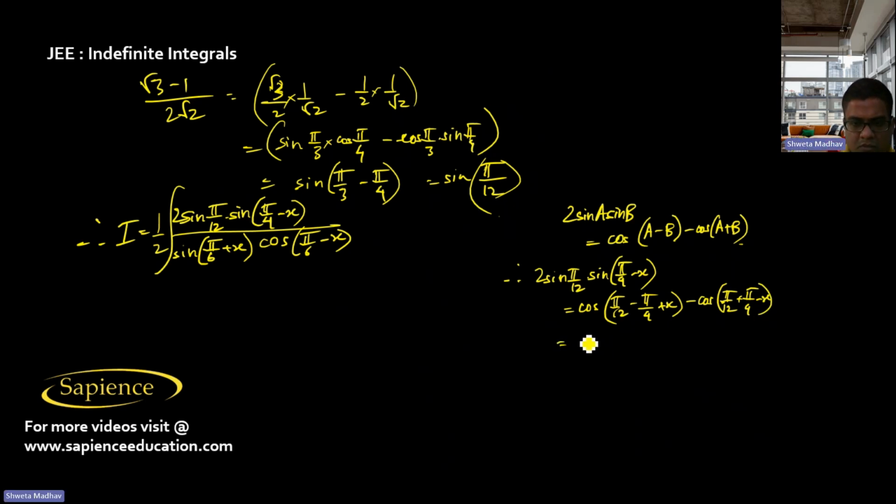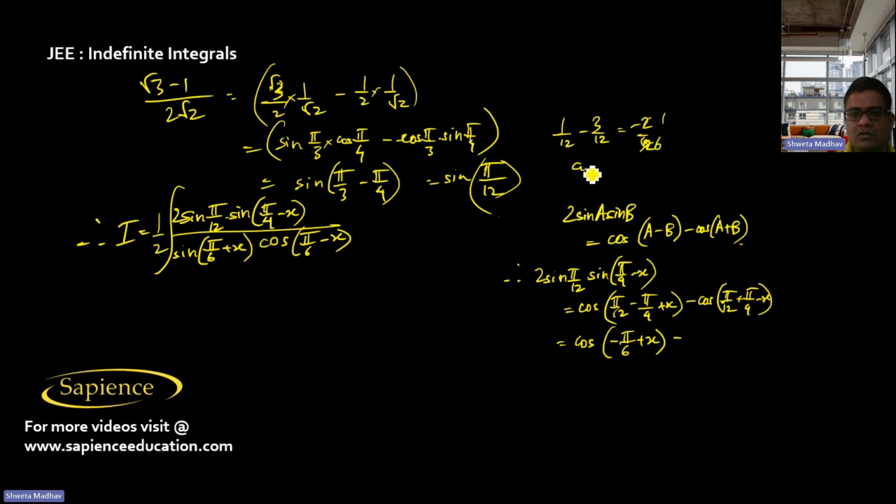So this will be equal to cos of, 4 3 is 12, this is minus pi by 6 actually, since it will be 1 by 12 minus 3 by 12, which is minus 2 by 12, which is minus 1 by 6 plus x.